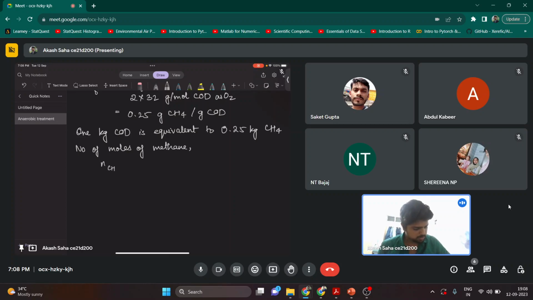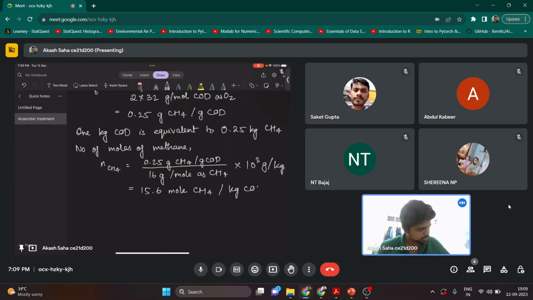My n CH4 value will be 0.25 gram CH4 per gram of COD divided by 16 gram per mole as CH4. So I will change gram to kilogram. So it will be 15.6 mole CH4 per kg COD. So per 1 kg of COD we can get 15.6 mole of CH4. So this is the basic step where we found out the number of moles of methane, right?